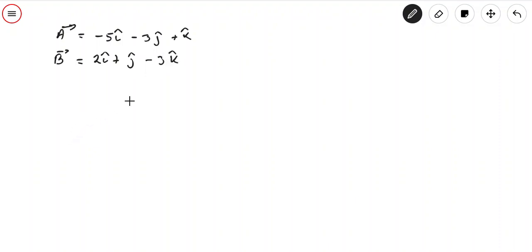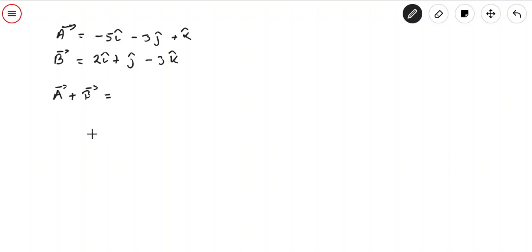Vector a is negative 5i minus 3j plus k, and vector b is 2i plus j minus 3k. Then we are asked to find a plus b.